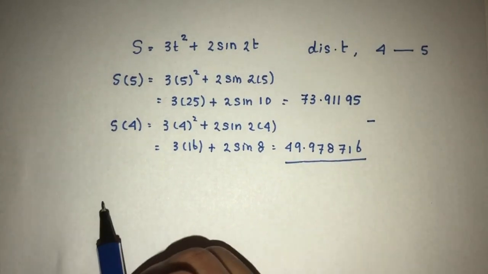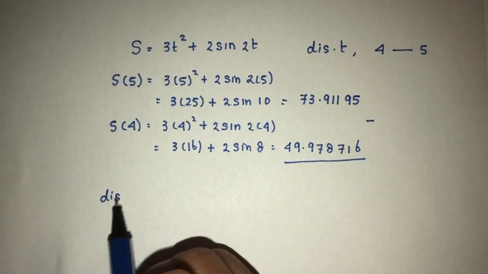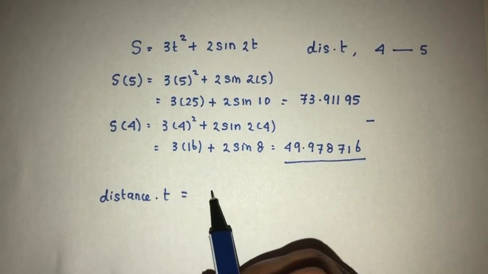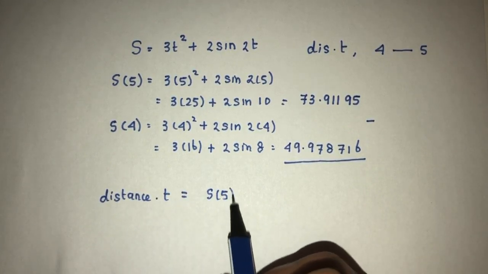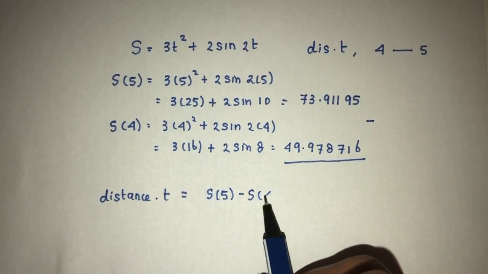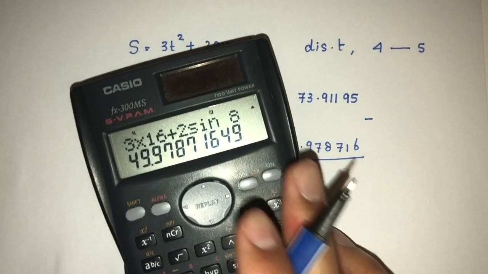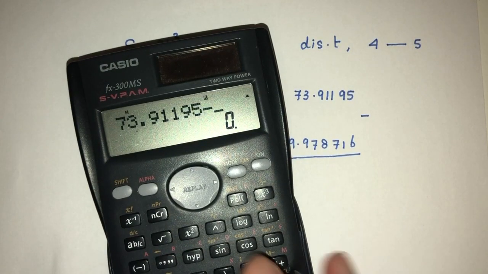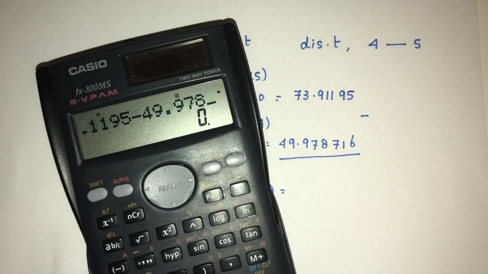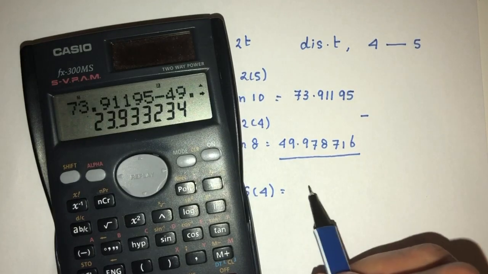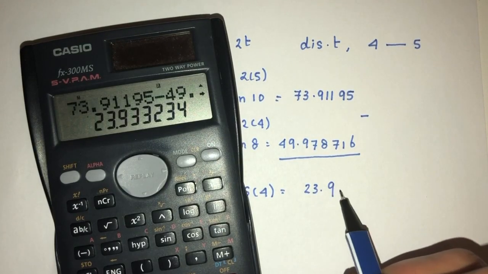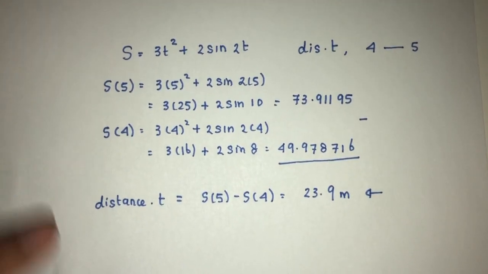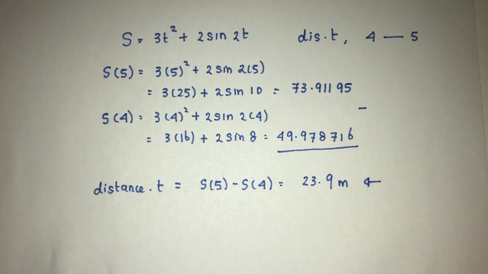So basically the idea is distance traveled is the displacement at time equal to 5 minus displacement at time equal to 4. That should be 23.9 meters.